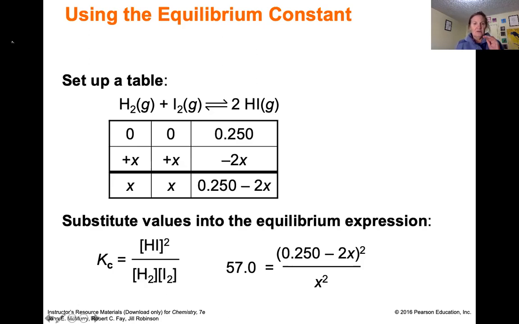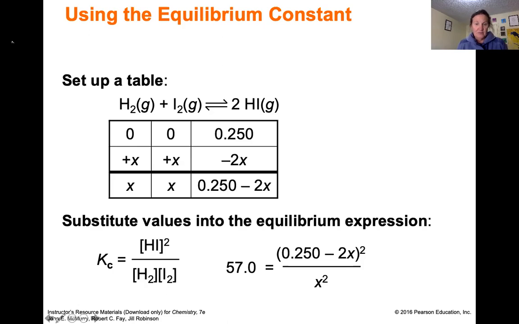So the reactants go up by plus X and the product goes down by 2X. And so at equilibrium, you should have X of each reactant, and you should have what you started with, 0.250 minus 2X, as the concentration of HI at equilibrium.